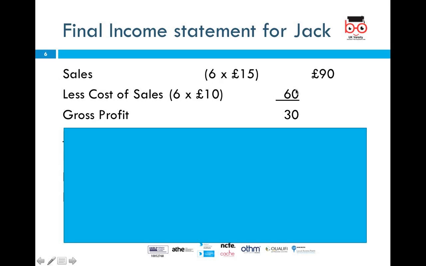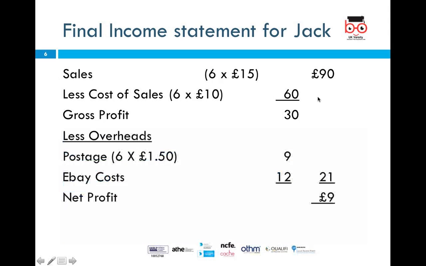But Jack has a selling expense here, because when he sold this item, £15 each for 6 sweaters, he got some selling expense. You see, there's postage to the customer, just £1.50 each, and the eBay cost of £12, and this is the selling expense.